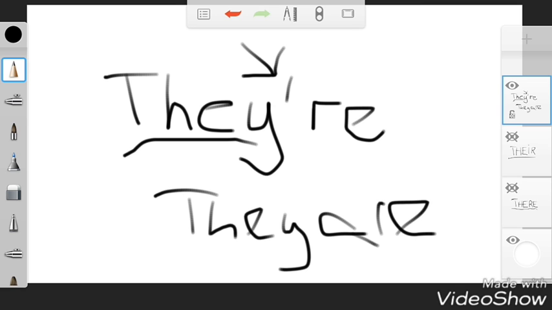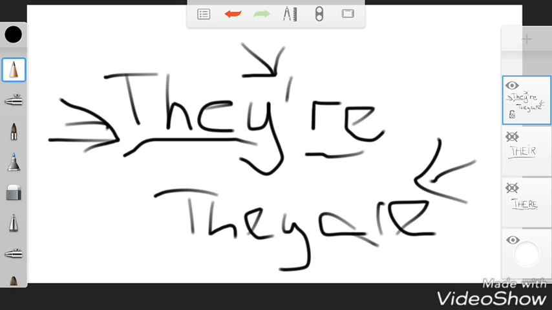So what that would mean is, if you're stuck on which one to use in a sentence, if you were to write that sentence using the words they are, then this here is the correct way of putting it. If you want to write it a long way, you can write they are playing in the park. But if you want to abbreviate it, if you want to make it shorter, then you'd use the example at the top here. And that is the basis of them.